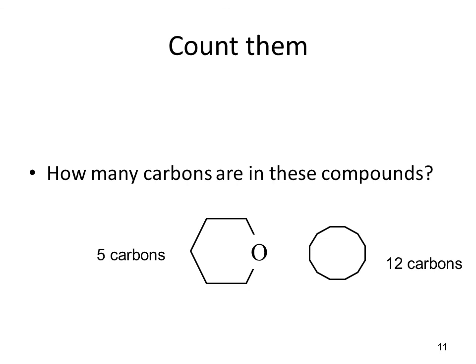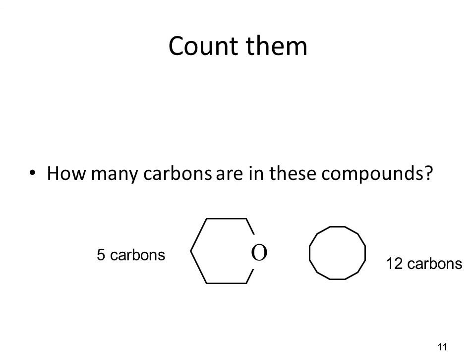So in the compound, as we go around, we go from the oxygen up to a carbon, then a carbon flat over to the left, then down to the point there, and that would be 3, then down to the bottom of the hexagon, and that would be 4, and then to the right would be 5, and then you're back at the oxygen. So 5 carbons in the structure on the left.